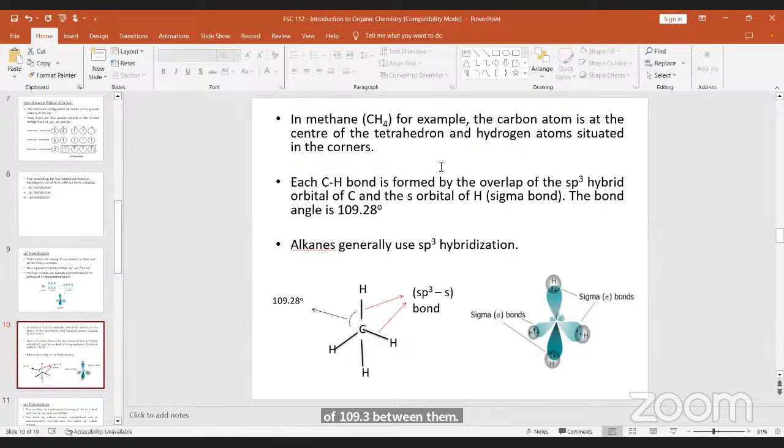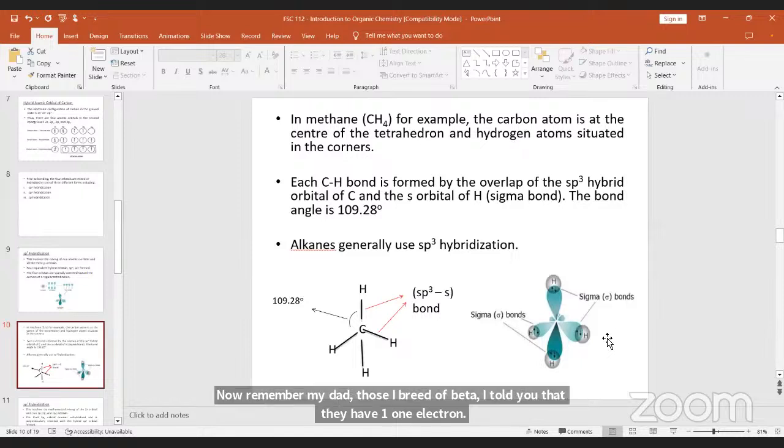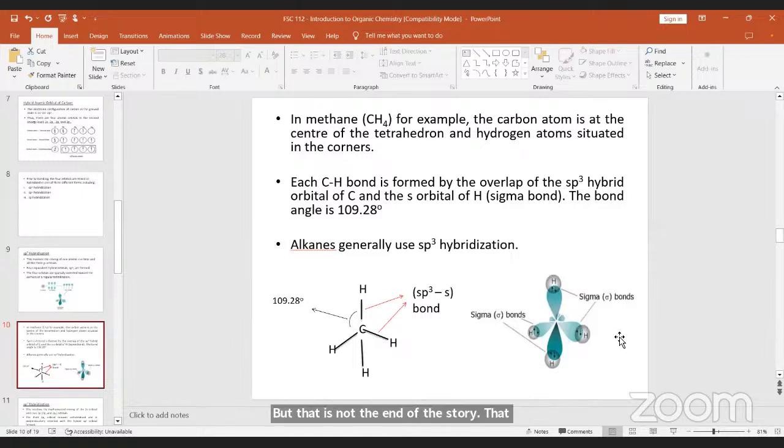So in methane, for example, the question is, what does carbon now do with these orbitals after you have hybridization and you have those four equivalent sp3 hybrid orbitals? Remember that I told you those hybrid orbitals have one electron, but that is not the end of the story. That means carbon is now ready to go into formation of a compound. So let's look at the simplest compound it can form.